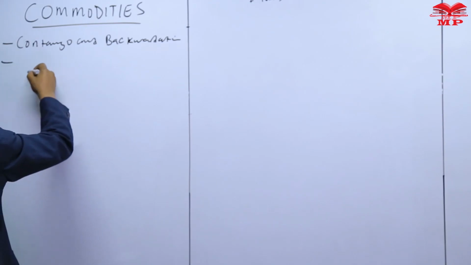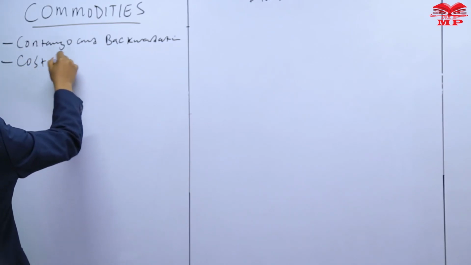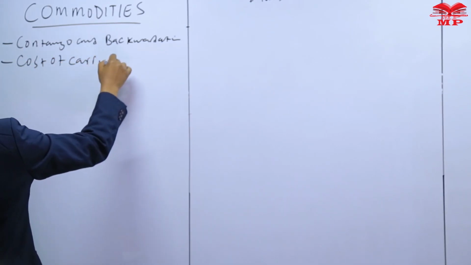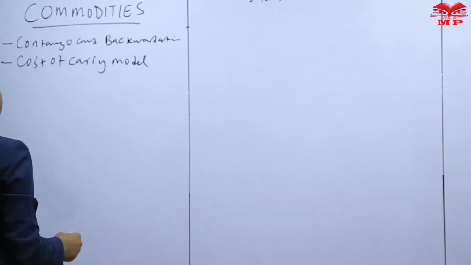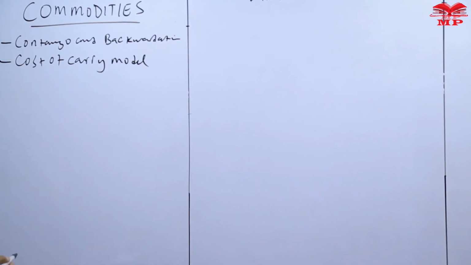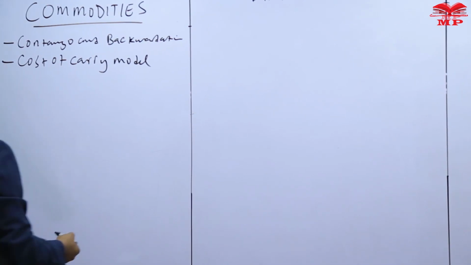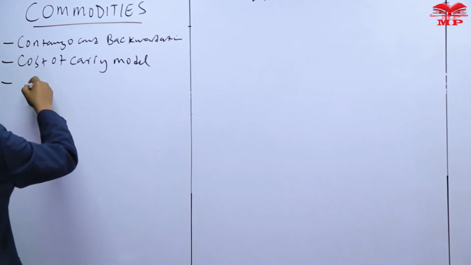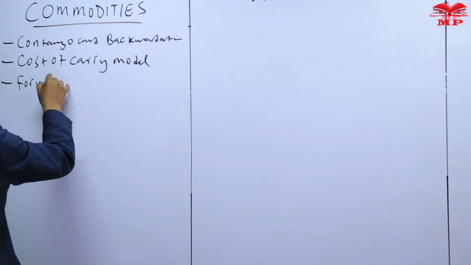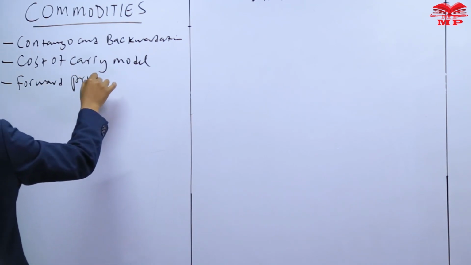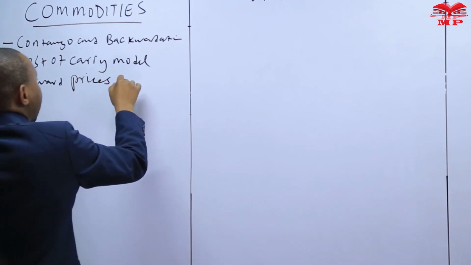We will move ahead and look at the cost of carry model, where we'll be able to come up with a relationship that includes the component of storage costs. Then we will look at forward prices and arbitrage.